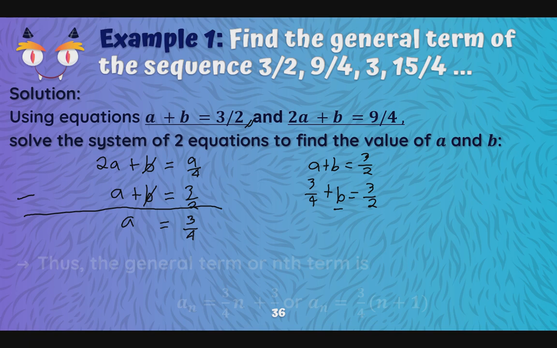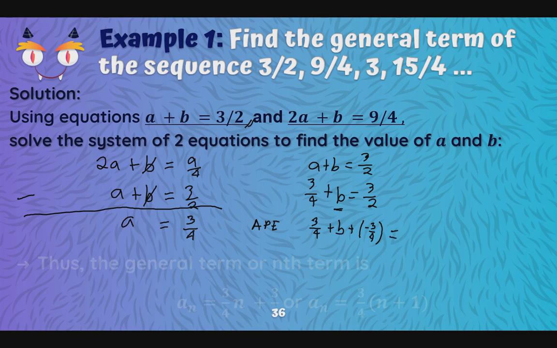So we will use the addition property of equality, which says that we add the same number to both sides of our equation to isolate b. Since we want the 3/4 to disappear, we add its opposite, which is negative 3/4, or its additive inverse.